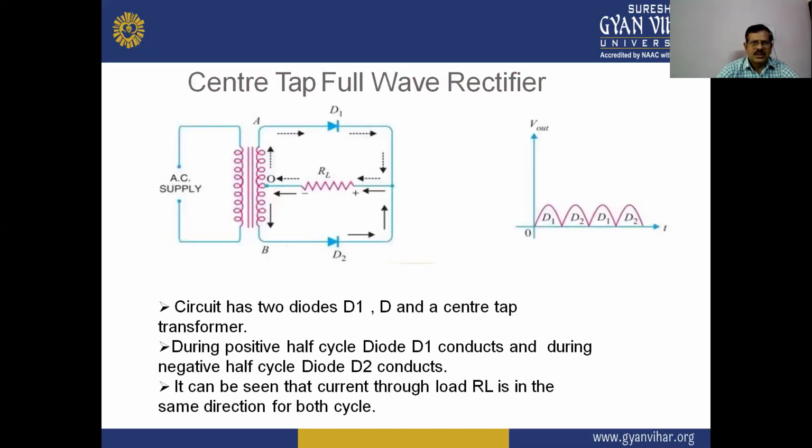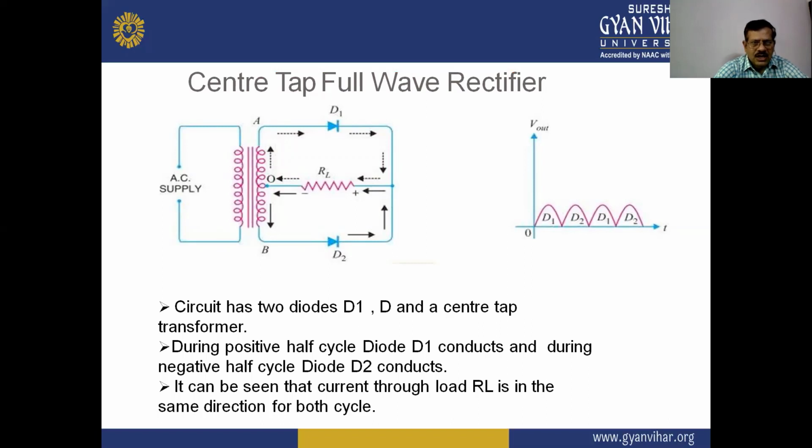In the case of the center tap full wave rectifier, this is the circuit diagram, in which the secondary winding of the transformer is center tapped, or divided into two parts. Here we use two diodes for rectification purposes.